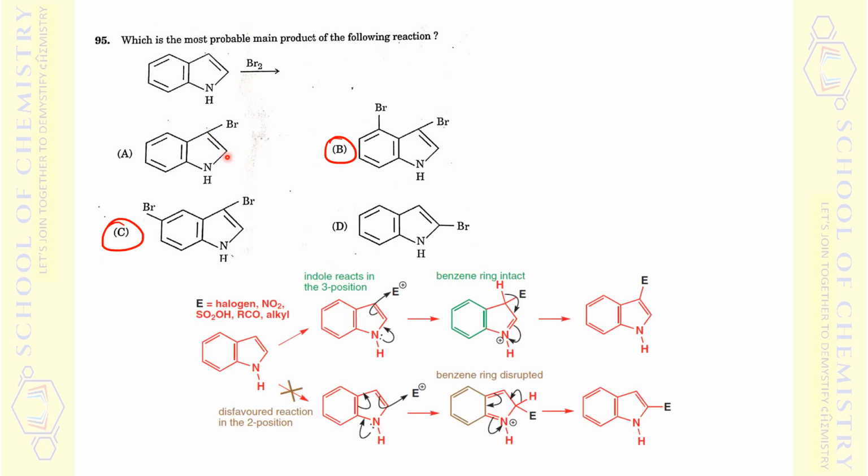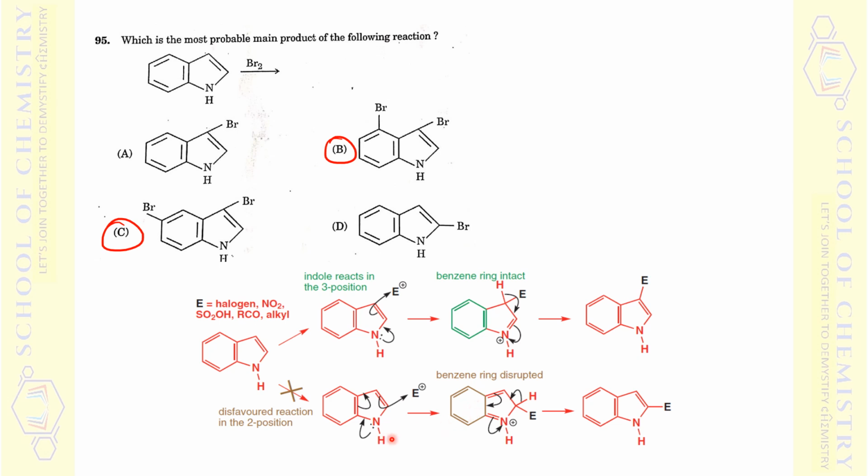So now if you consider both the possibilities, first if you consider the bromination at third position, it will leave a positive charge over nitrogen. You can just follow this. And if you consider the electrophilic substitution at second position, you will get positive charge over nitrogen, but this positive charge will be later delocalized over the benzene ring, which disrupts the aromaticity of the benzene ring.